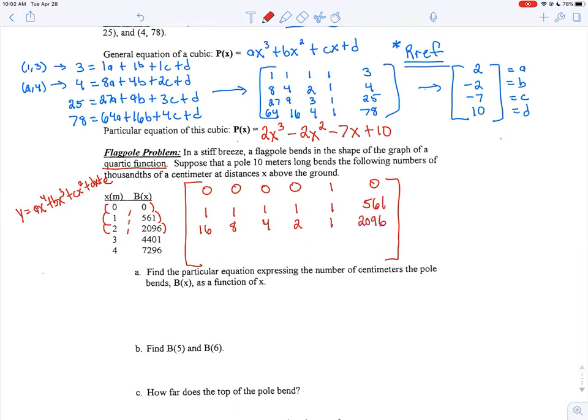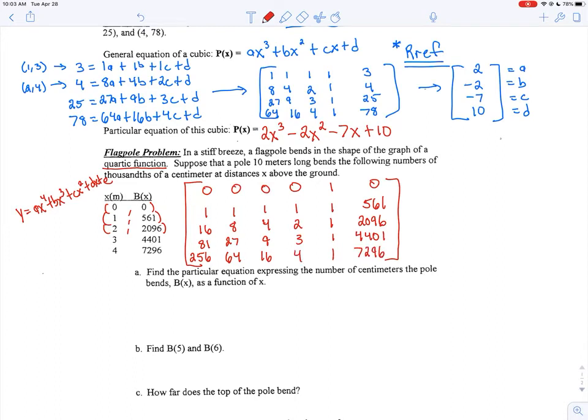All right, for our 4th point here, 3 to the 4th, so we got 81, 27, 9, 3, 1, and we're bringing our y value over, so 4,401. Last point, 4 to the 4th is, we're going to have 256. We got 64, 16, 4, 1, and then we bring our y over 7296.